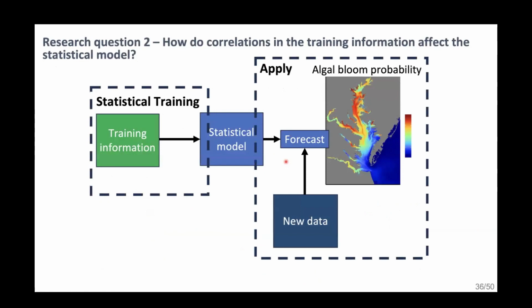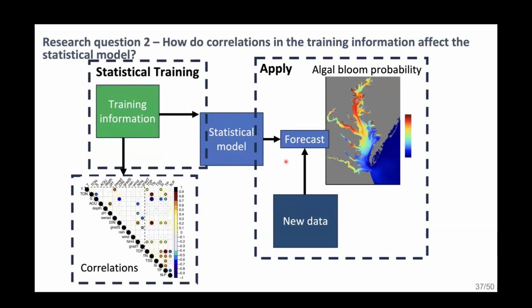Okay, let's go to research question 2. How do correlations in the training information affect the statistical model training? Let me briefly sketch the problem here. Like I said, we need training information to train our statistical model. But the problem is that often you have correlations in your training variables, for example between temperature, salinity, solar radiance, and so on.